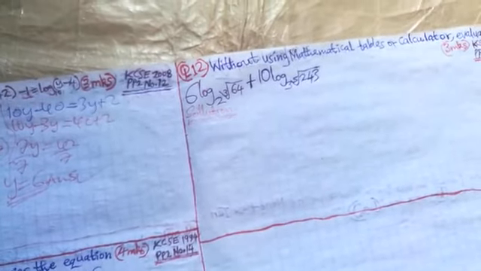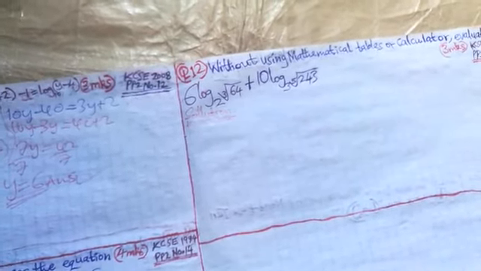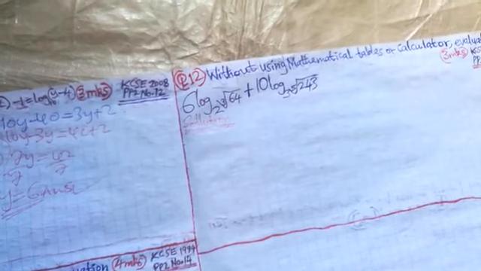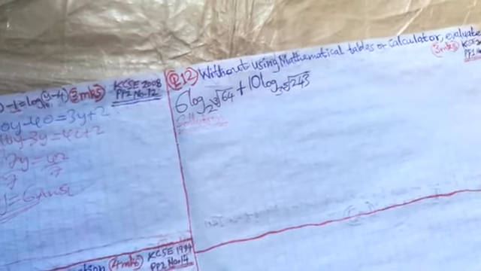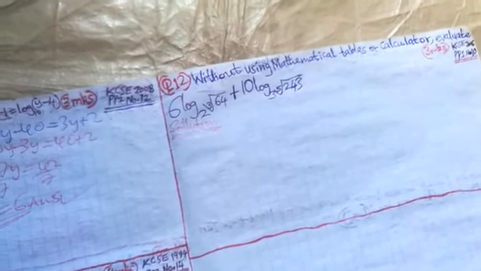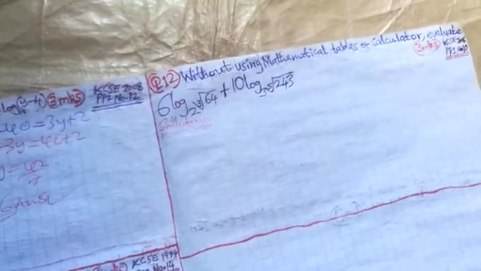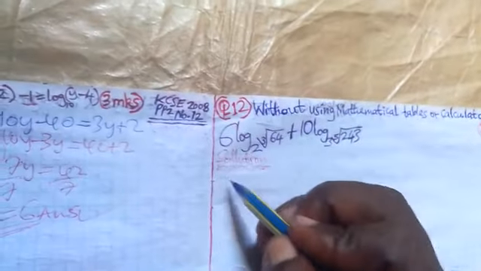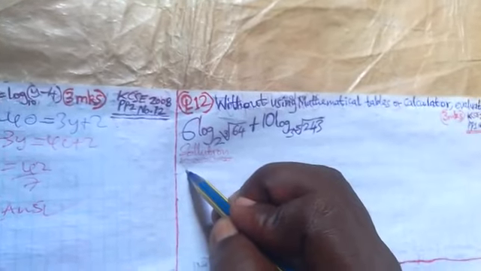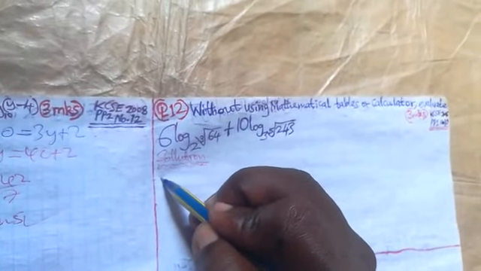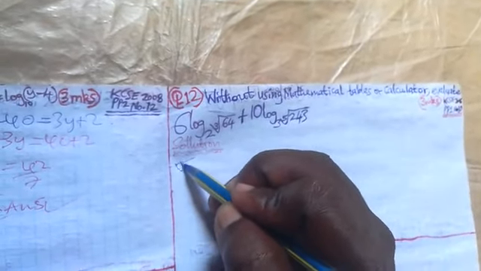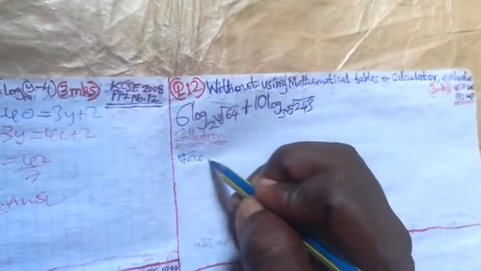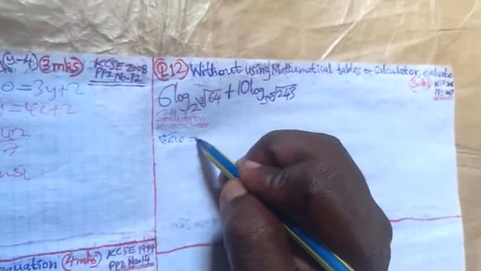Second, for the case of the cube root of 64, think of any number in which when you multiply itself 3 times, you get 64. Therefore, let us try the numbers.